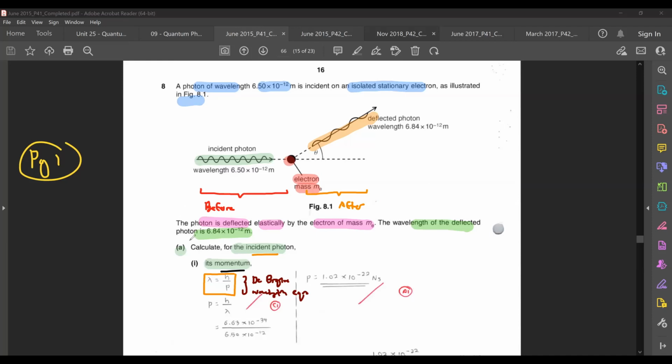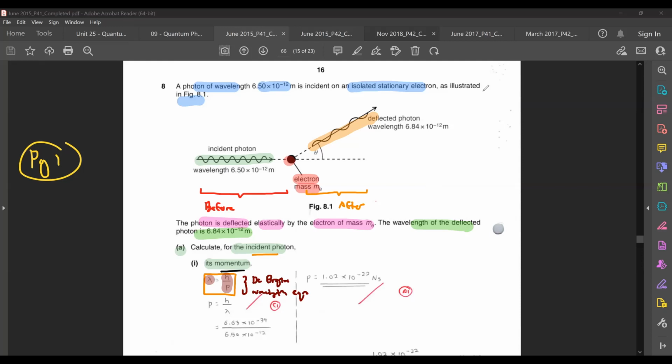If you're interested to find out the momentum of a particular photon, you tend to use this de Broglie wavelength equation, which I will explain in a later lesson. So right now you just want to find the momentum of your photon. You use lambda equals h over p. P here is your momentum that you are trying to find.